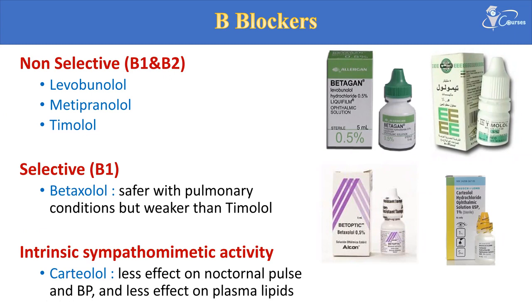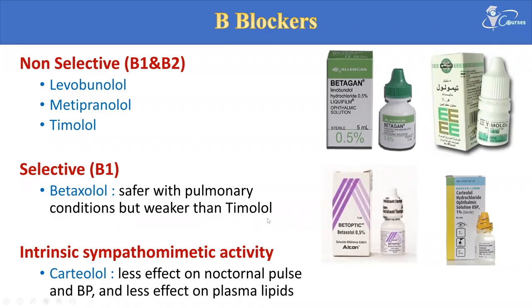They will cause cardiac manifestations and respiratory manifestations. So in order to avoid these cardiac and respiratory manifestations, there are the selective beta 1 blockers, such as betaxolol or Betoptic. They will be safer with pulmonary conditions, but the problem is that they are weaker than timolol.